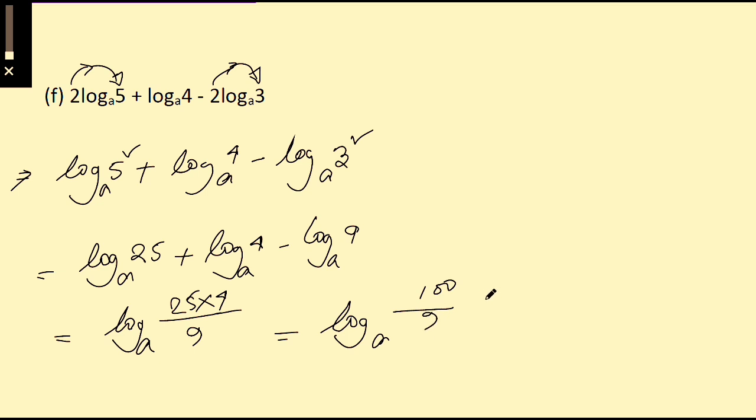So 100 over 9 is an improper fraction, then we can write it as a mixed fraction, like 11 whole 1 over 9. So finally we got log 11 whole 1 over 9 to the base of a.